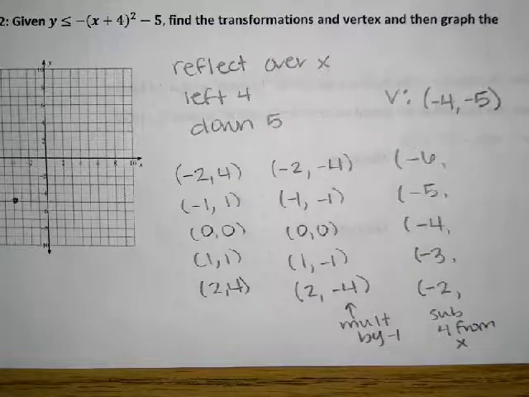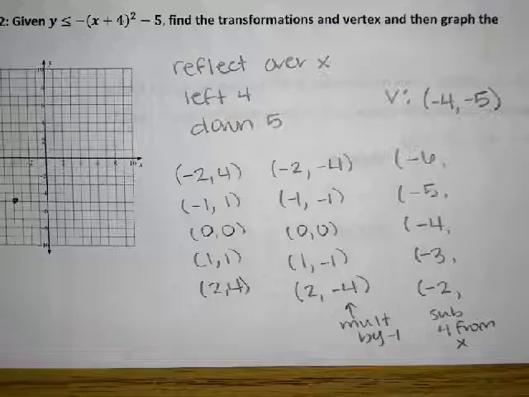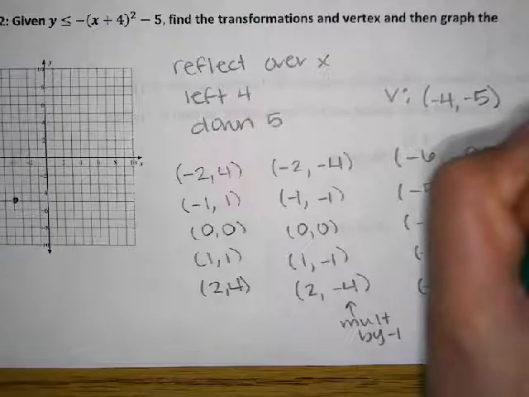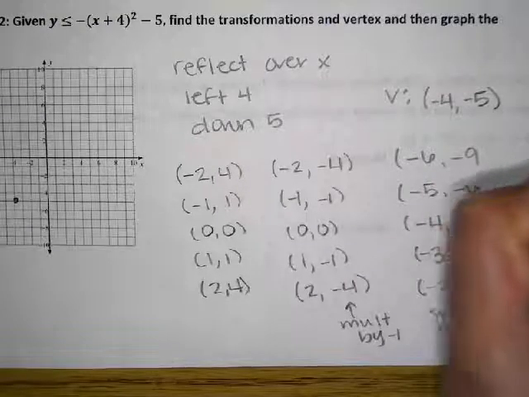And how do we shift down 5? Subtract 5 from the y. Okay. So down 5, down 5.